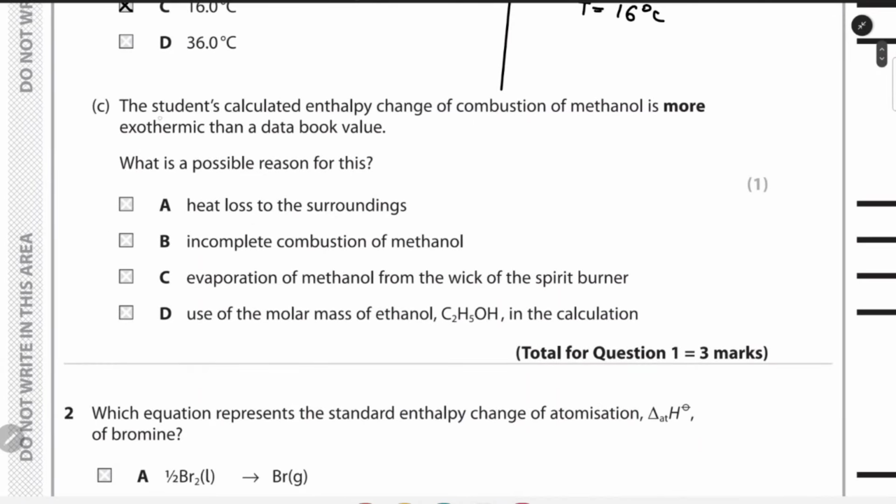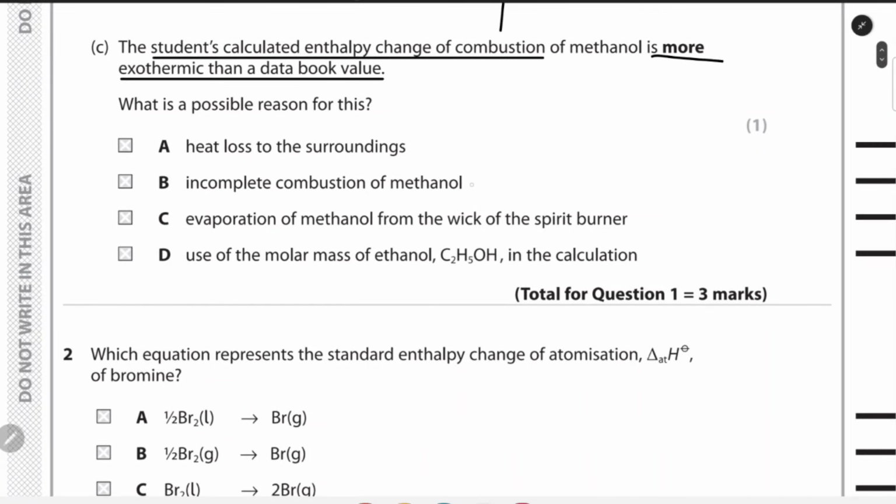Now in part C, we are told that the student's calculated enthalpy change of combustion is more exothermic than the data book value. If we look at option A, if heat was lost to the surroundings, our calculated value should be less exothermic. So if heat was lost to the surroundings, we will get a smaller temperature change, so we would have got a less exothermic value.